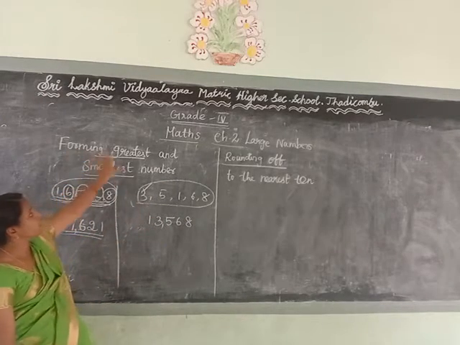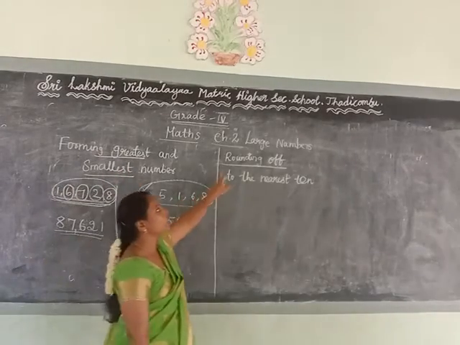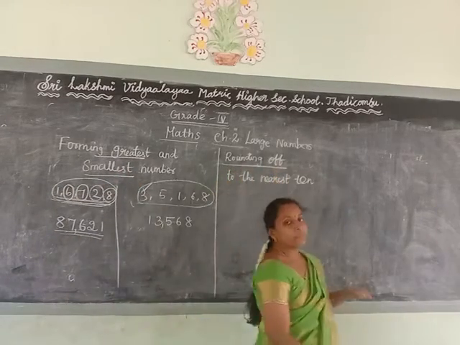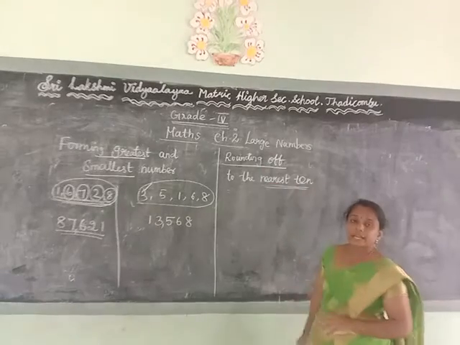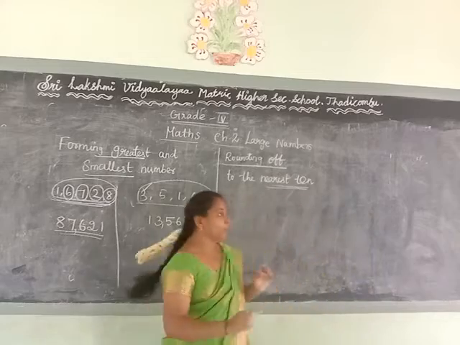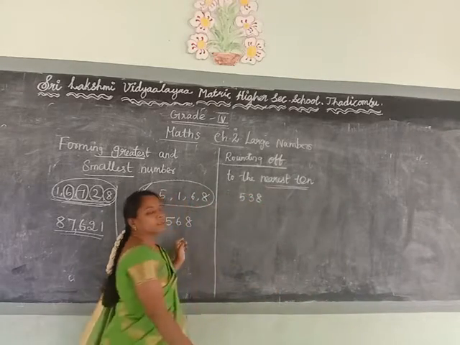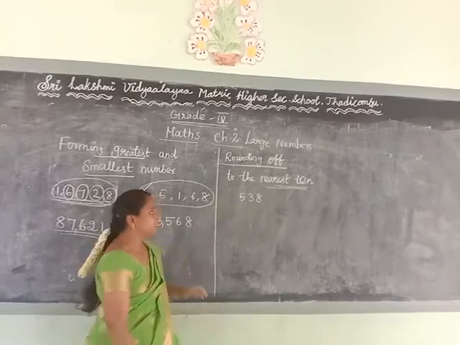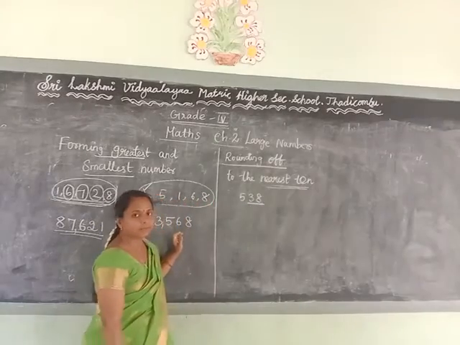So now we have learned how to form the greatest and smallest number. Next we are going to see rounding off. So round off the number to the nearest 10. For example, if the number is 538. In between which tens will it be lying?